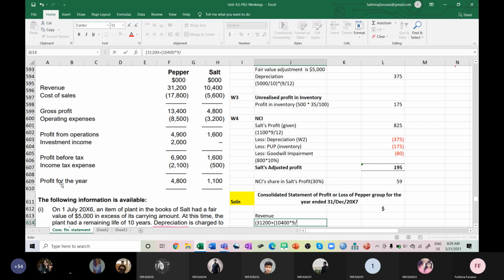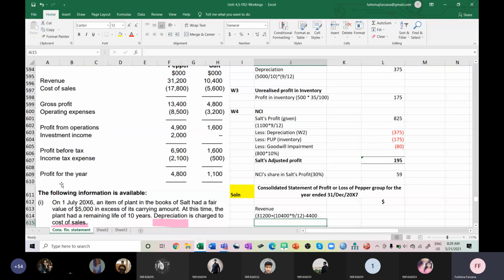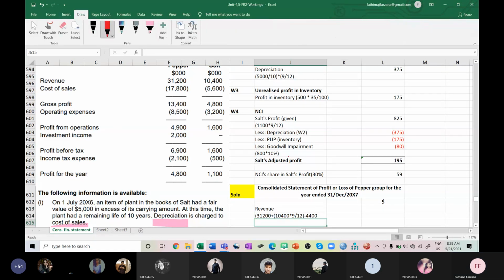Minus 4,400. This 4,400 is intra. Intra means it's intra group, understood? So here, $34,600.